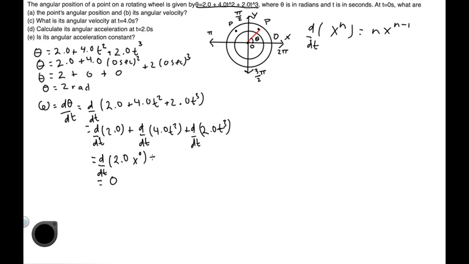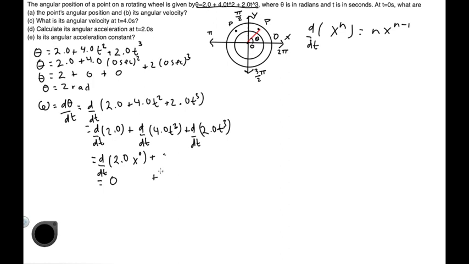So now going to the derivative of 4 times t squared, right? All we do is bring down the 2 and then subtract 1 from the 2. So that gives us 2 times 4, which is 8, times t to the 2 minus 1 power, and that's going to be 8t, right?